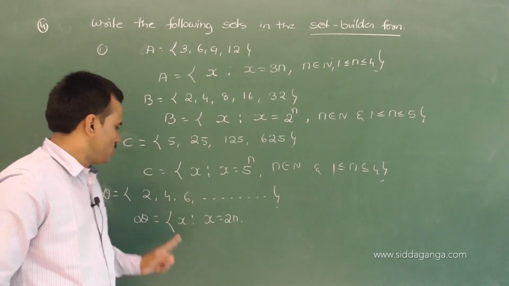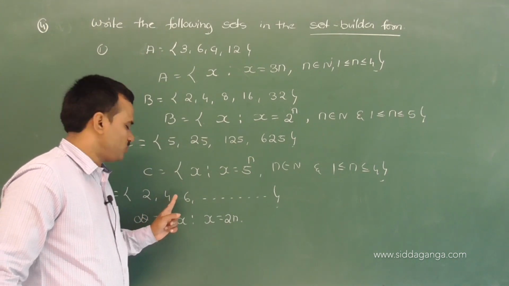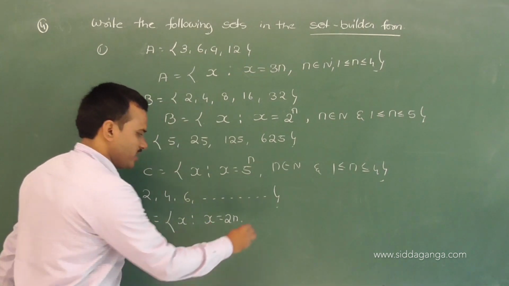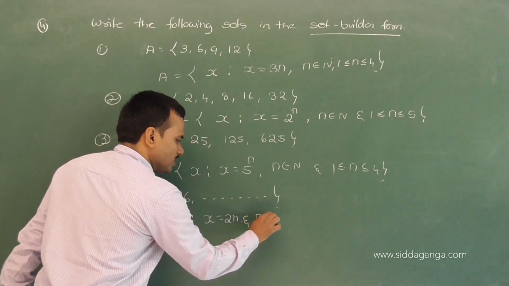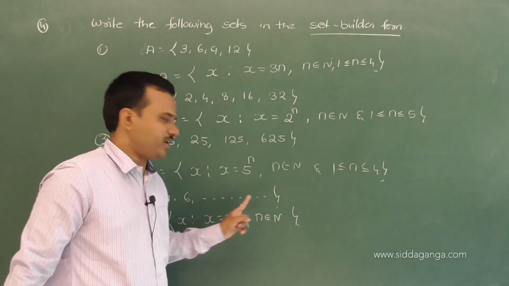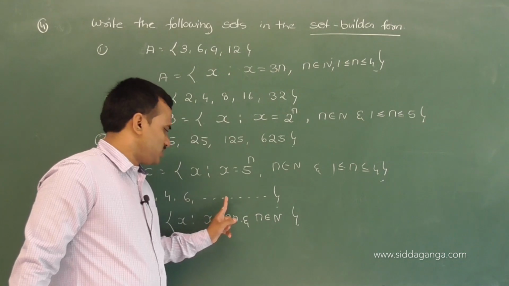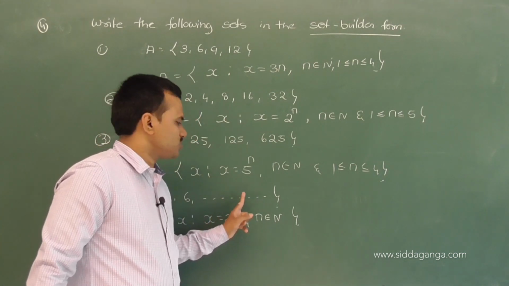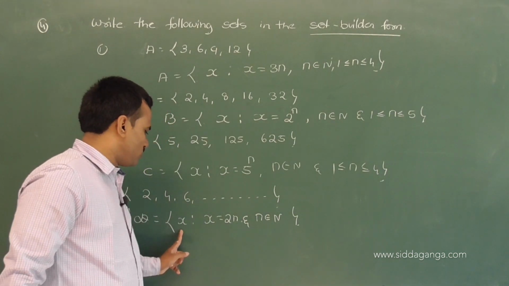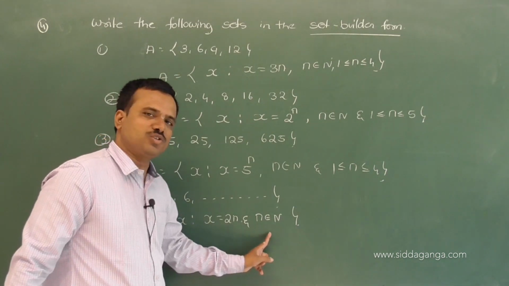Multiple of 2. 2 1s are 2, 2 2s are 4, 2 3s are 6, 2 4s are 8, and n belongs to N. Because he has not given an end, it goes on. Next he writes 8, 10, 12, 14, 16, like that. That's why I write n belongs to N.